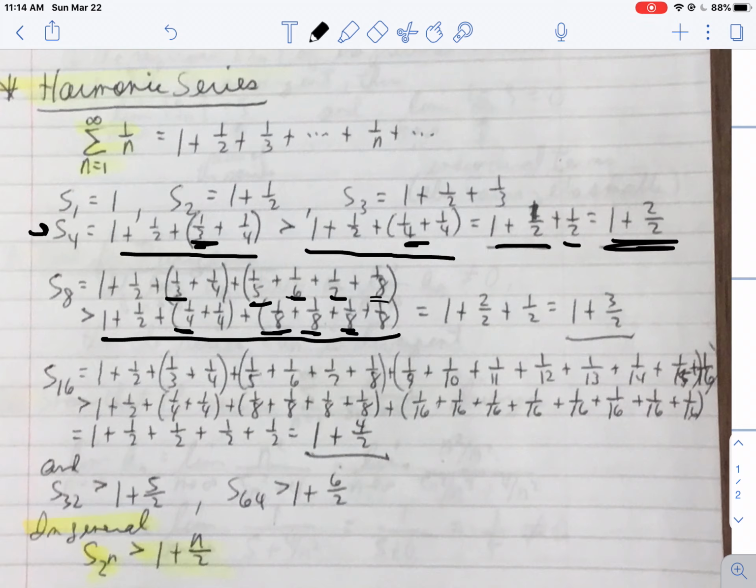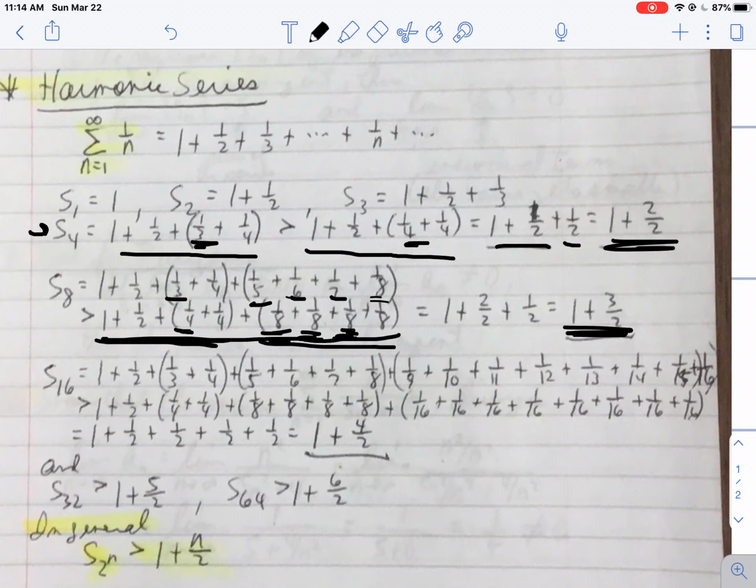But since each of these is smaller than the one they're replacing, our S sub 8, that eighth partial sum, is going to be larger than that sum, which is 1 plus 2 halves, plus another half. 1/8 plus 1/8 plus 1/8 plus 1/8, that's 4/8 or a half. So I get 1 plus 3 halves for the S sub 8.